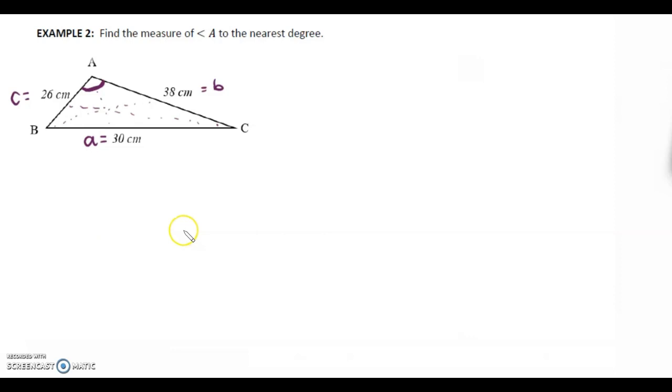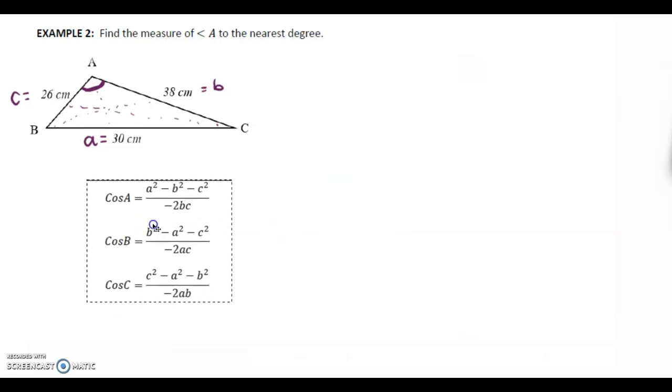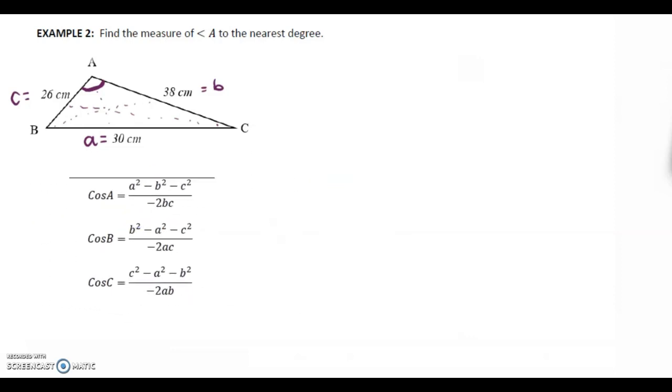Okay, so this time, because we're looking for an angle, we have to use one of these equations. And we're specifically looking for angle A, so let's go ahead and use this top equation.